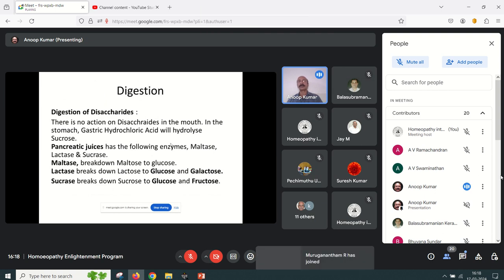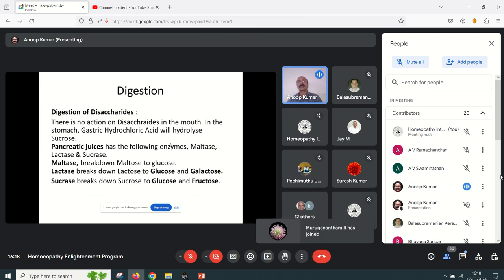Based on the names, the 'ase' means breaking down. So maltase breaks down maltose to glucose, lactase breaks down lactose to glucose and galactose, and sucrase breaks down sucrose to glucose and fructose. This is why the pancreas is important, because pancreatic juices are very important for digesting starch and complex disaccharides.